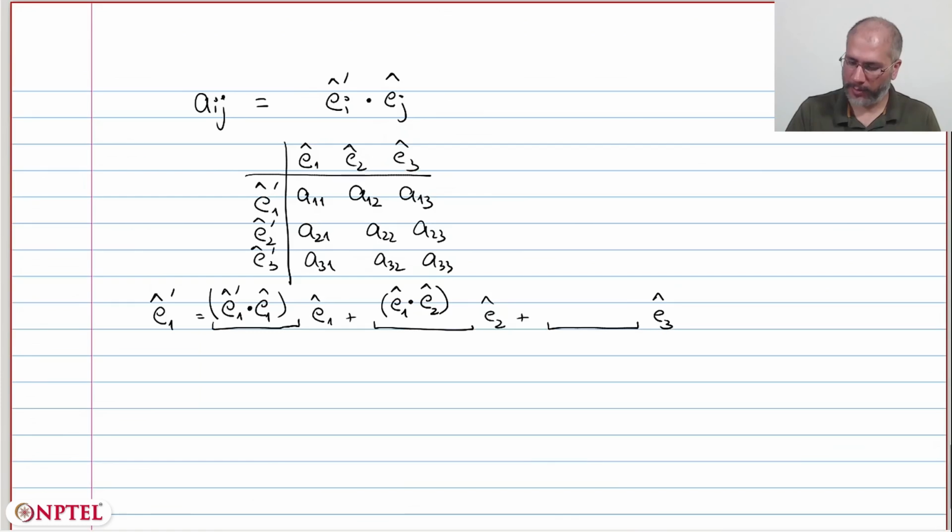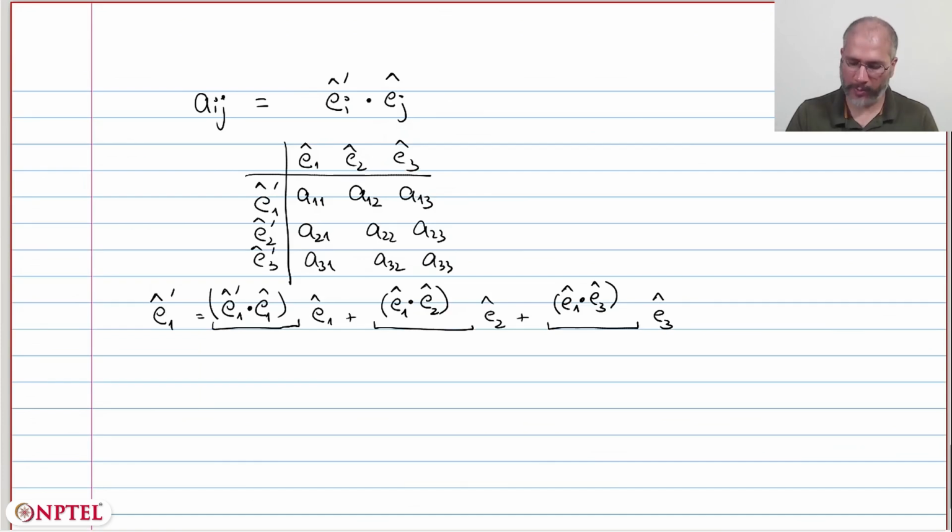And finally, the component of e1 prime in the e3 direction is the dot product between e1 prime and e3. So this gives us the three components of the vector e1 prime in the directions e1, e2 and e3.